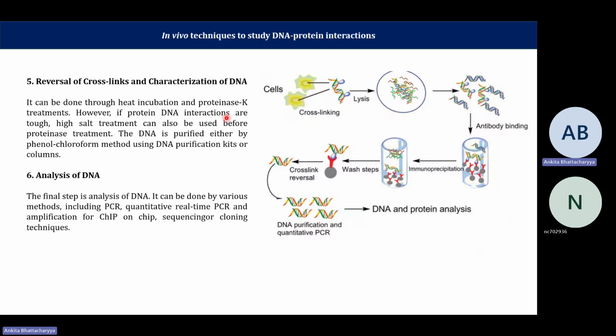So basically what has happened till now is that you have incubated your DNA protein complex with the bound antibody and incubated it with the bead till this step, which is immunoprecipitation. Once this is done overnight and once this has been completed, now what you wish to do is you want to get rid of everything else, the protein and all of these non-specific proteins, and you only want the DNA out of all of this.